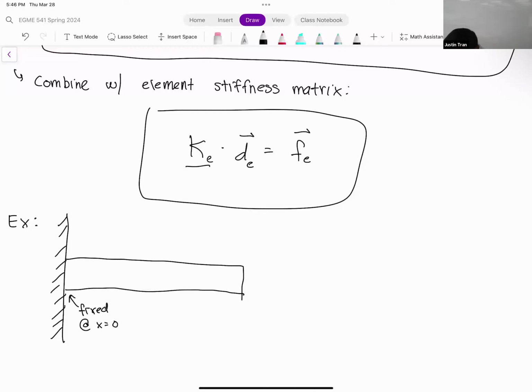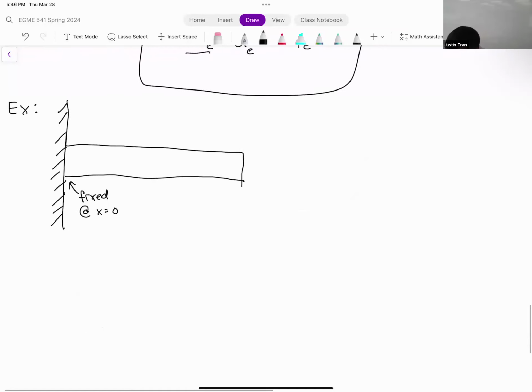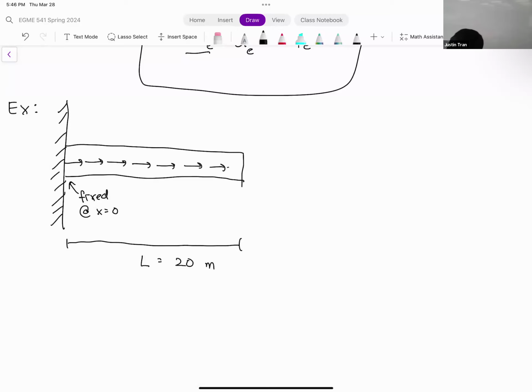The total length of the bar is 20 meters. We have a body force, and that's going to be new compared to what we've seen before. For our body force, B of x, we're just going to assume it's constant, 2 newtons per meter.